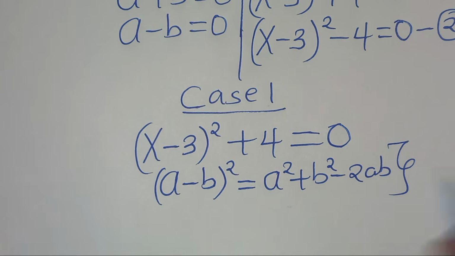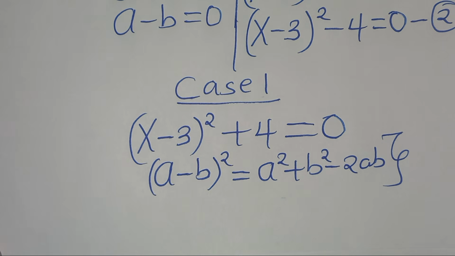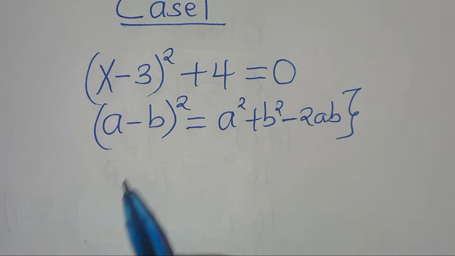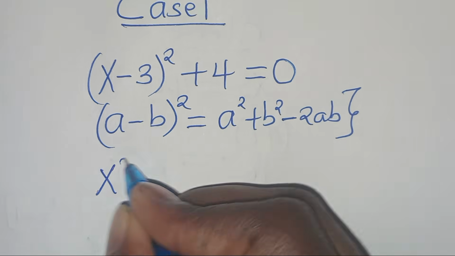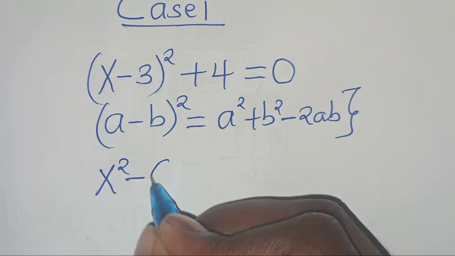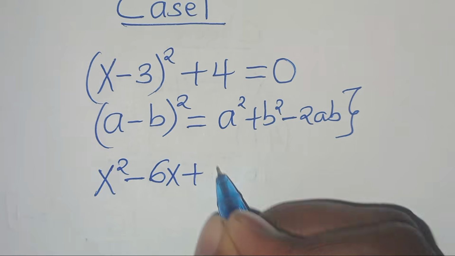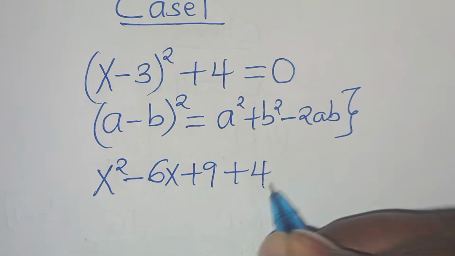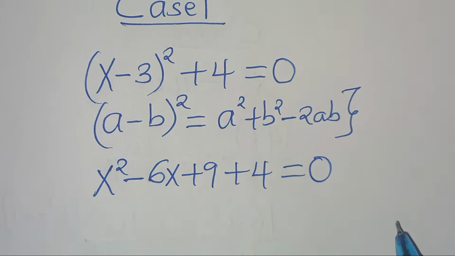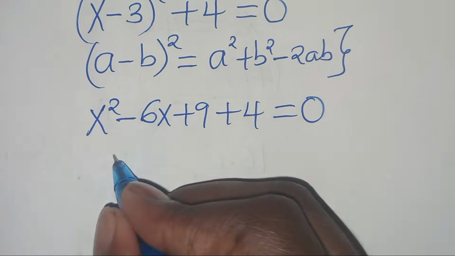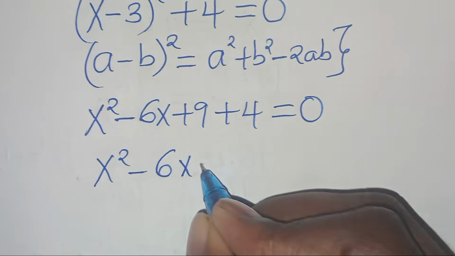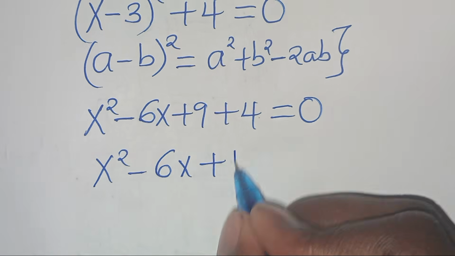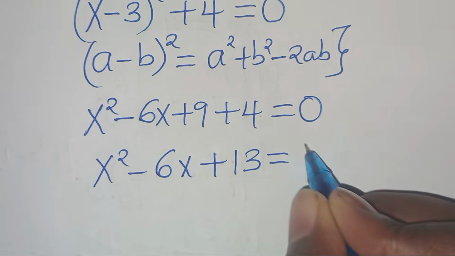Let's apply this algebraic identity. Here we have x^2 - 6x + 9, then plus 4, equal to 0. So this is x^2 - 6x + 9 + 4, which is 13, equal to 0.